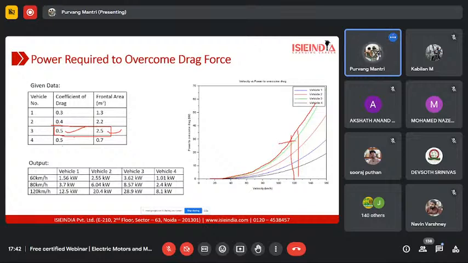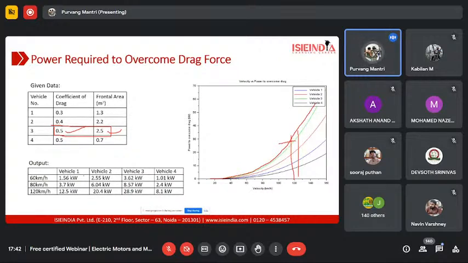From this you can understand how the requirement of power increases with the increase in the speed, or velocity, of the vehicle. That's why you need to design your vehicle in such a way that it has less drag induced on it.